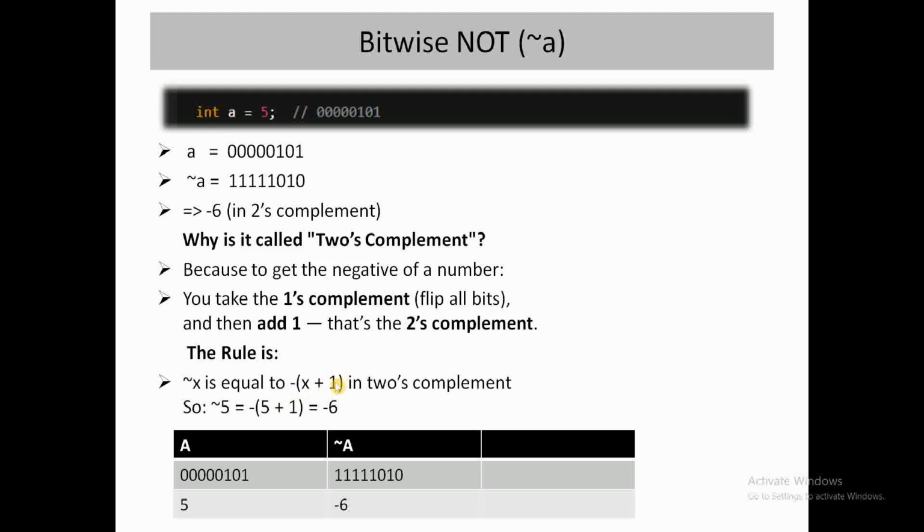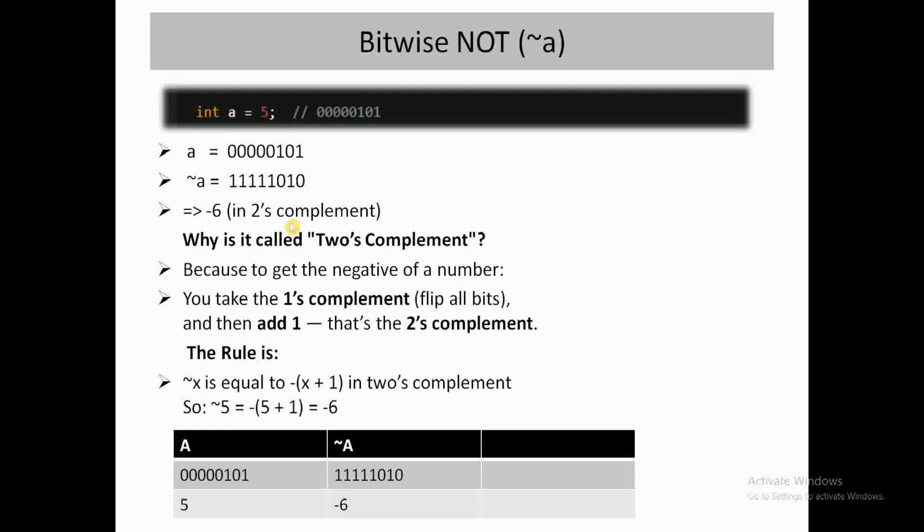If we want to use the bitwise operator, x is the given value, and we have 5 plus 1. The first step is the 1's complement, flipping all the values from true to false and false to true. These make the 2's complement, and this is the rule for using bitwise NOT. And here we get minus 6 as the output from the given value 5. It is as simple as that, not a difficult one.